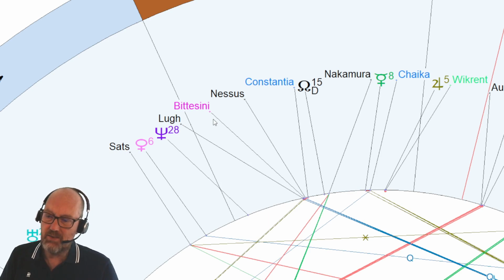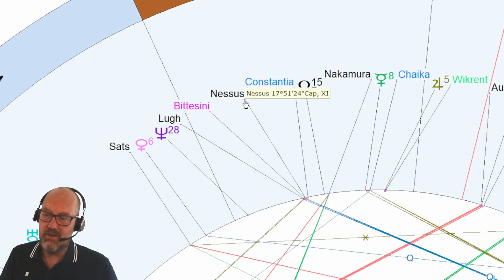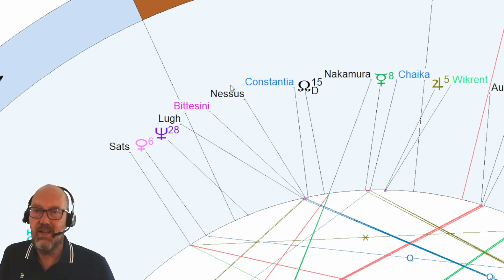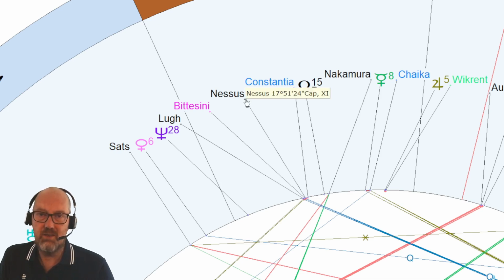And this aggressive character, we will see it in the discovery chart of Bittesini, but in the birth chart of Bitcoin, this conjunction with Nessus says everything, because Nessus is a very strong, very potent centaur, and if you condense it into one meaning, it is about invasion. And in this case, an invasion of the system of the central banks.